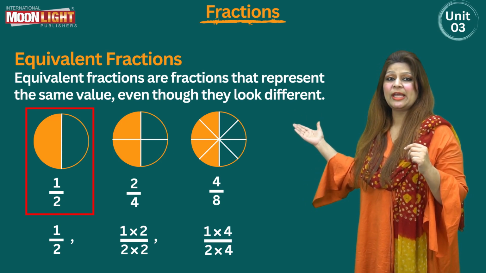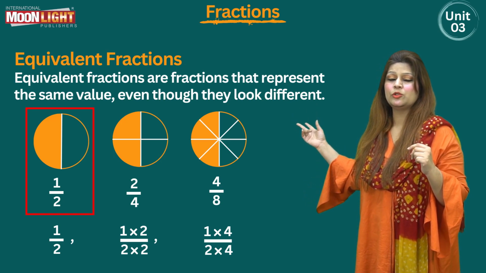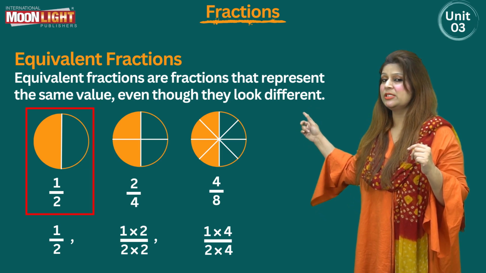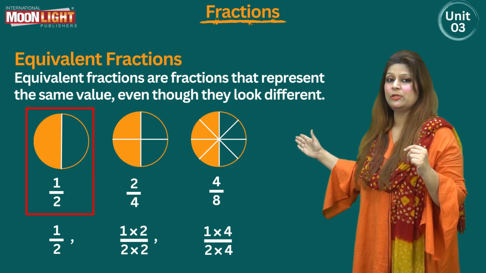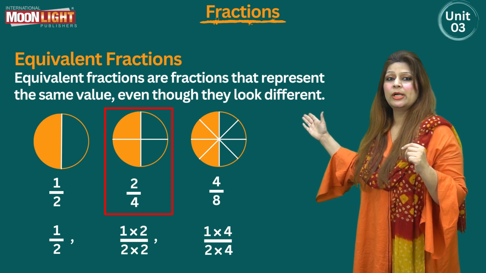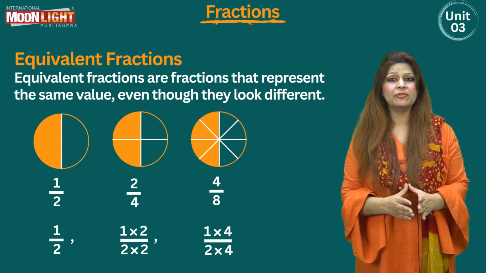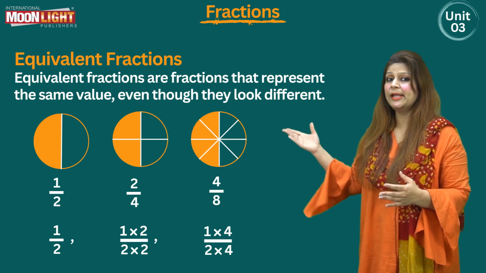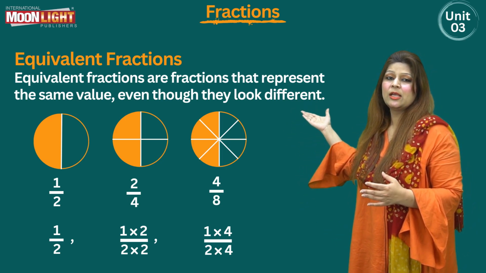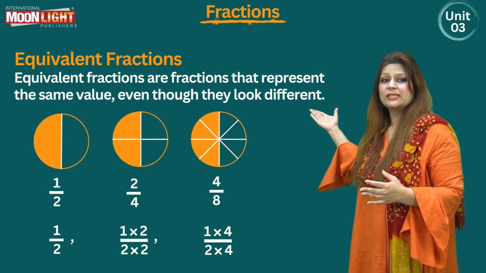This shows that the total parts are 2, and one part is colored, so 1 by 2. Now 2 by 4 and 4 by 8 are examples of equivalent fractions. You can check that the colored areas are the same.